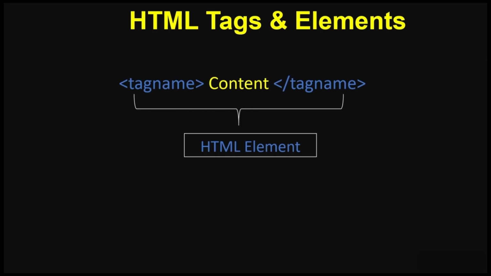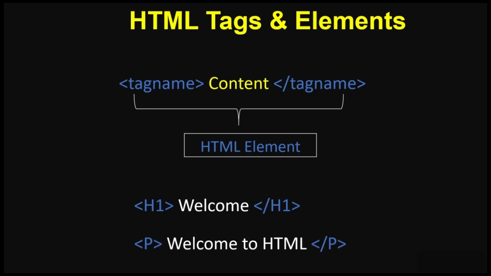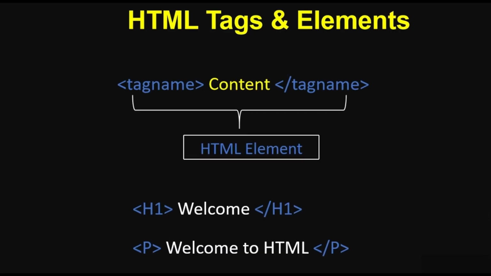The combination of starting tag, content, and closing tag is called an HTML element. For example, h1 is the heading tag, welcome is the content, and it has a starting tag as well as a closing tag. Similarly, p is the paragraph tag, welcome to HTML is the content, and it has a starting tag as well as a closing tag. The closing tag has an extra backslash.